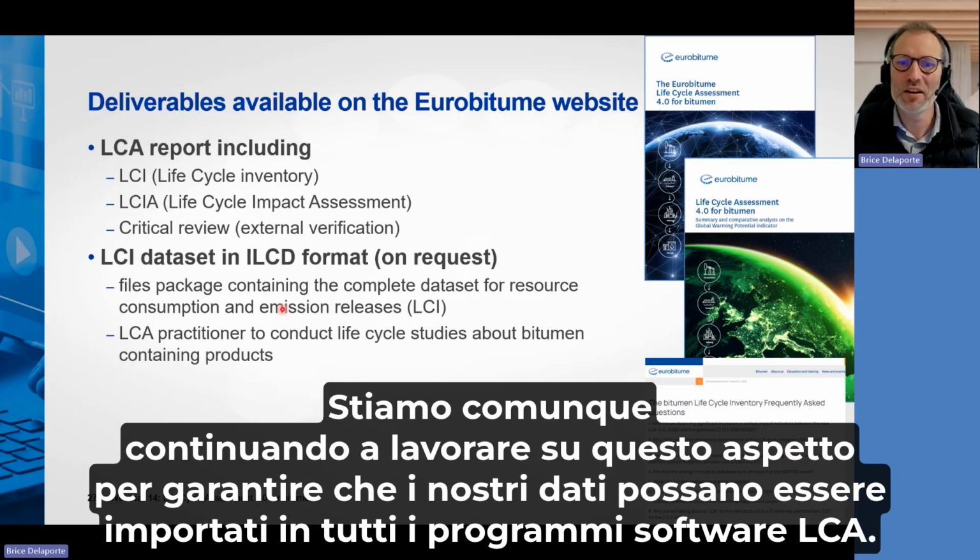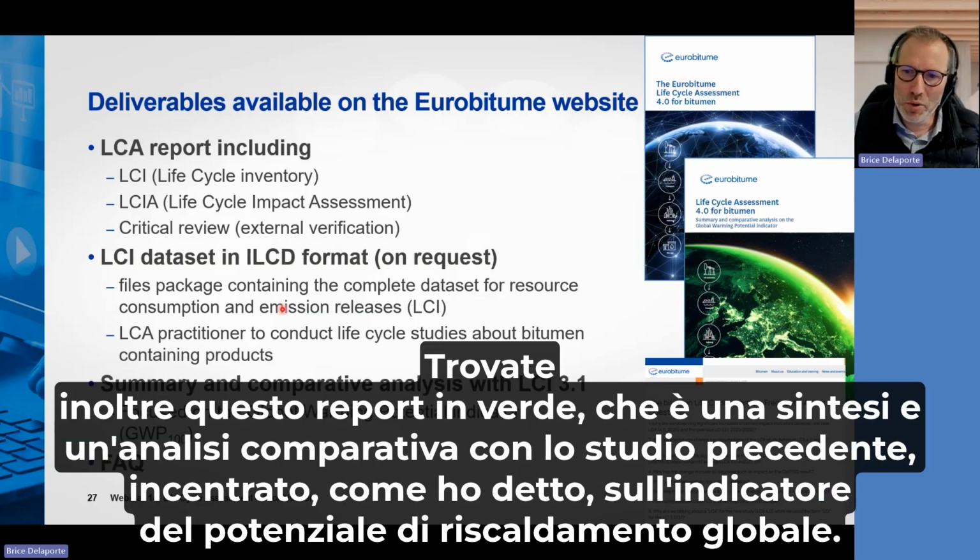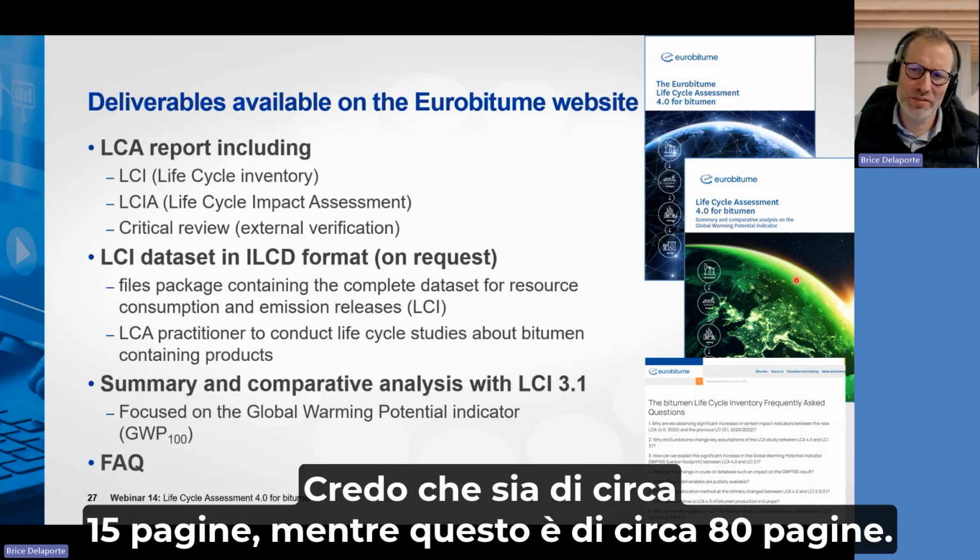But we are still working on this topic to make sure that our data could be imported in all the LCA software programs. You have this report in green, which is a summary and a comparative analysis with the previous study, focusing, as I mentioned, on the global warming potential indicator. So it's around 15 pages, I think, and this one around 80 pages.